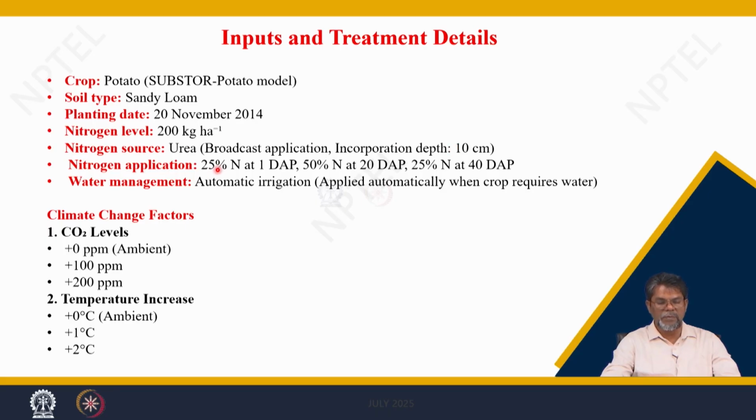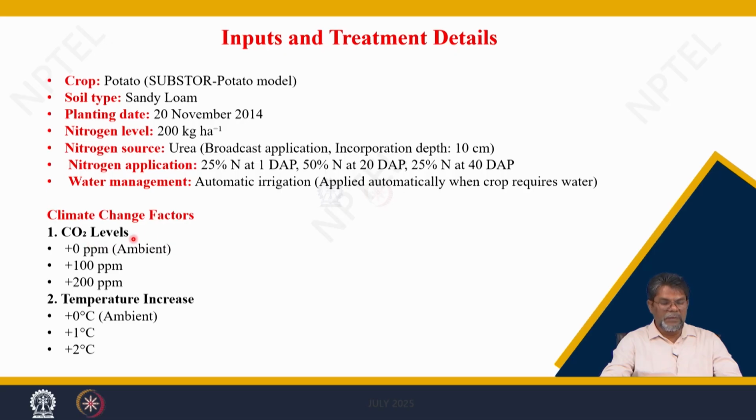Nitrogen application is 25% at 1 day after planting, 50% at 20 days after planting, and the remaining 25% at 40 days after planting. For water management, irrigation is applied automatically when the water level goes below the threshold level, to bring the soil moisture to 100% available.